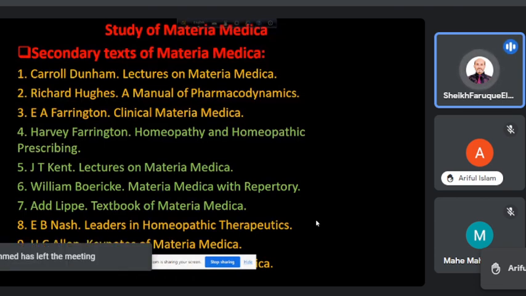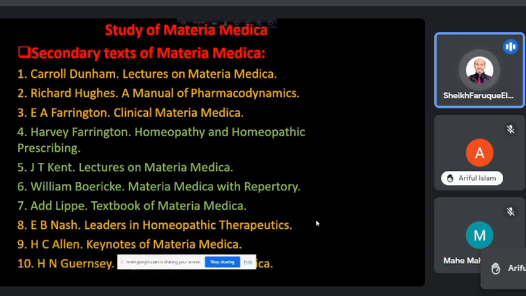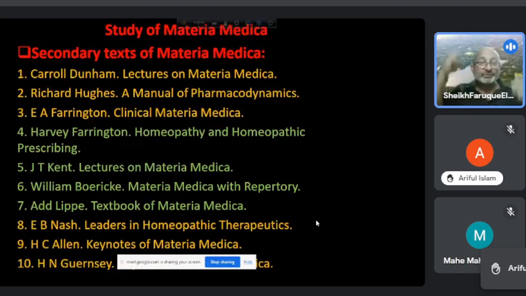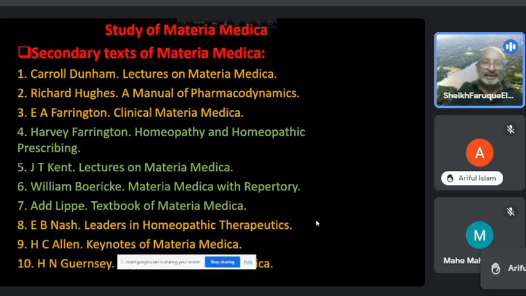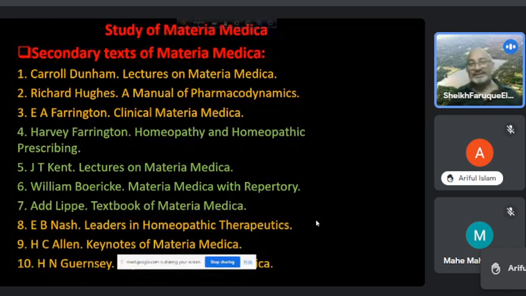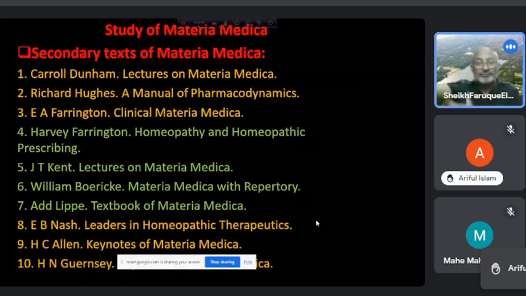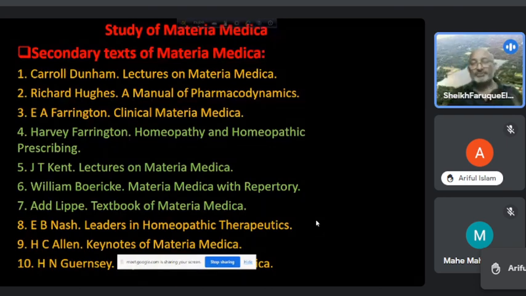Guiding Symptoms is 10 big volumes, and this is a small book. But if you study Pulsatilla from Guiding Symptoms, then study Pulsatilla from Allen's Keynotes, maybe in 1.5 pages, you find the gem or essence of Guiding Symptoms in this small book. So you cannot afford to go without studying this book.